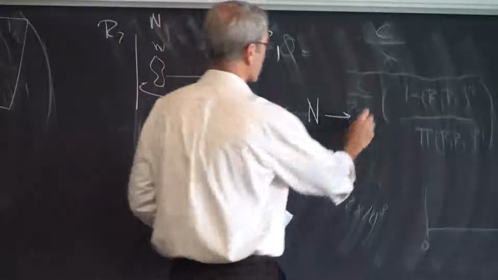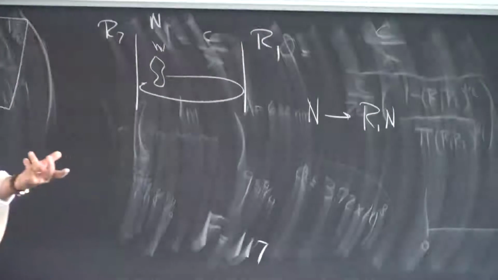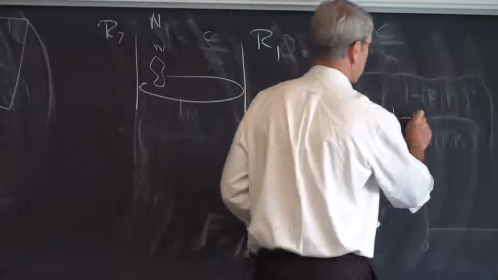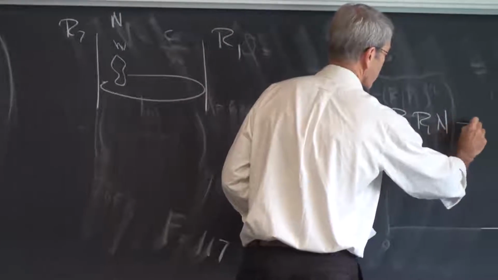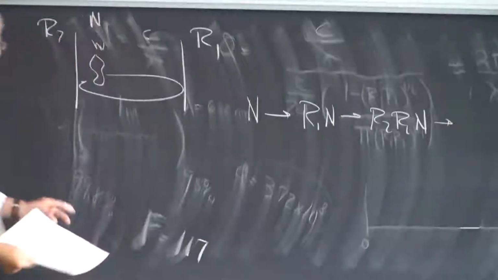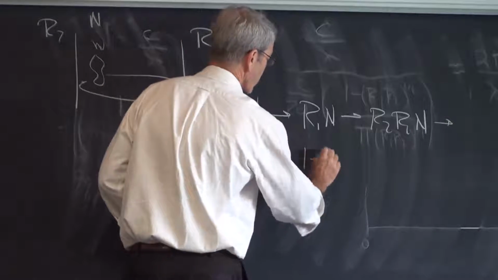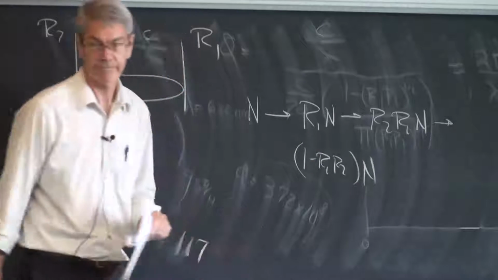I'm only going to have R1 times N left. So R is less than 1. I come back to here. I'm going to have R2 R1 N. And then I'm back to where I started. So in one round trip, I went from the N photons to R1 R2 N photons.